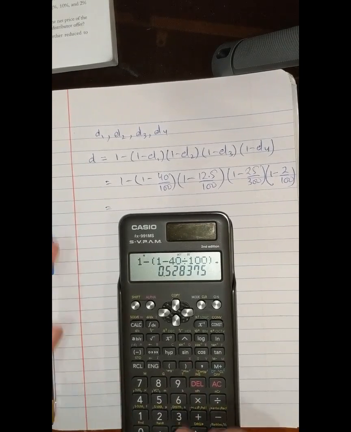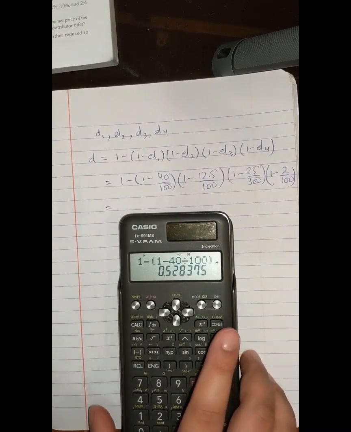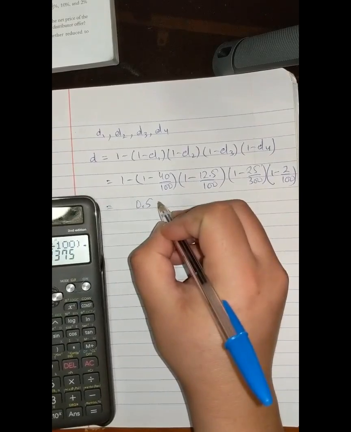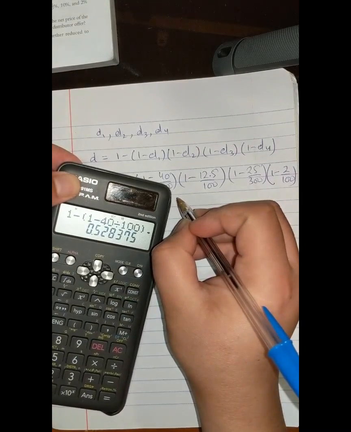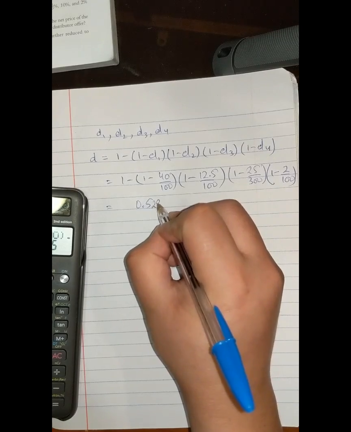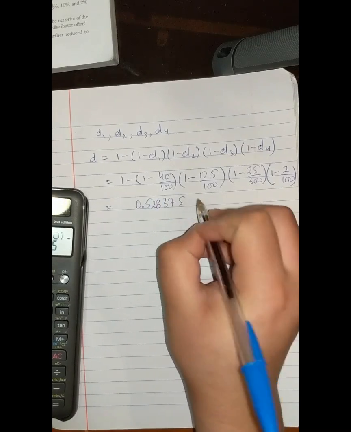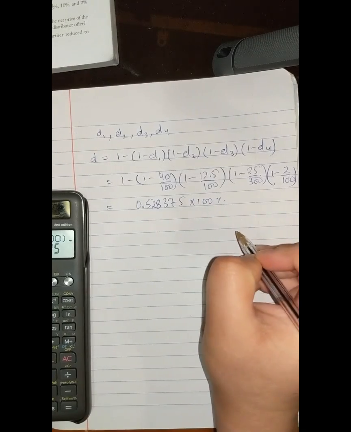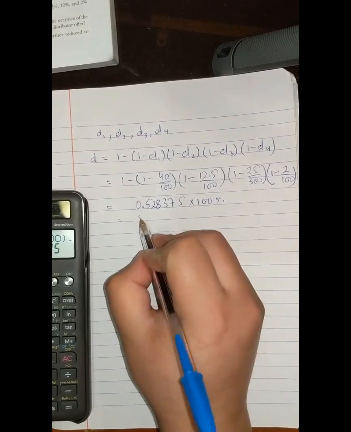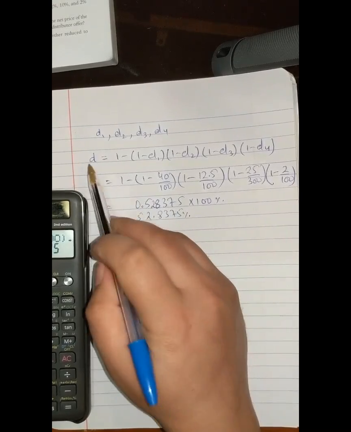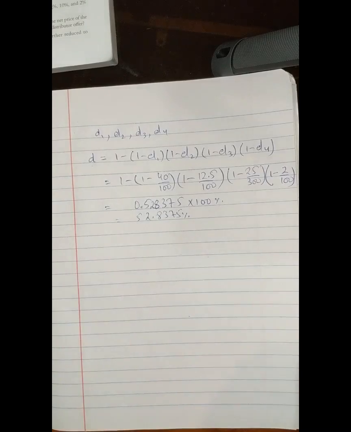I got 0.528375. Now I can convert this into percent by multiplying by 100. This gives me 52.8375%.